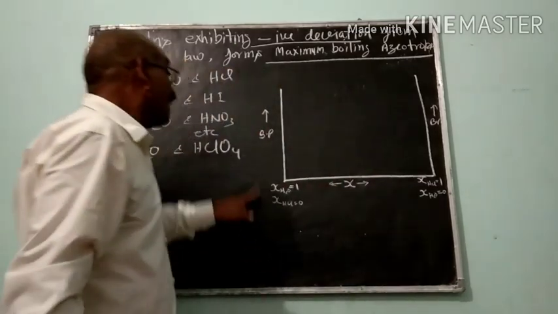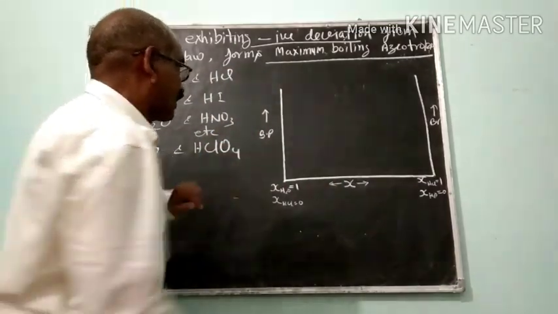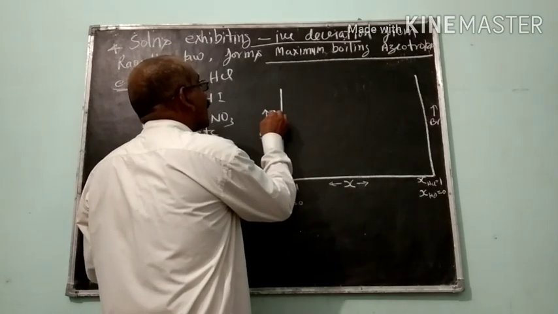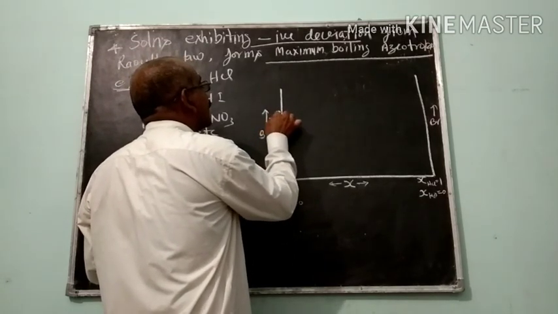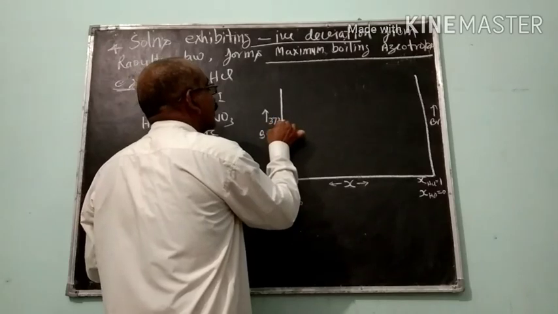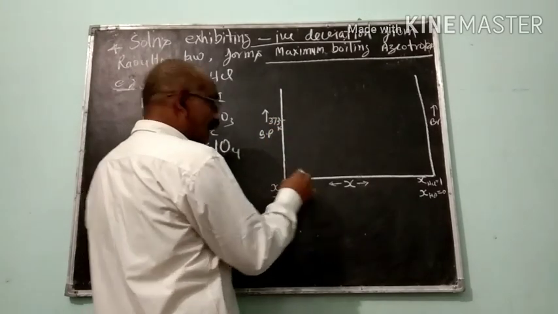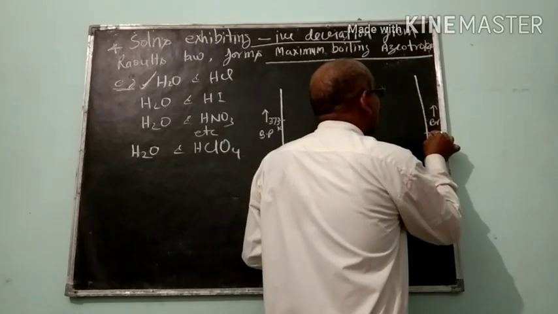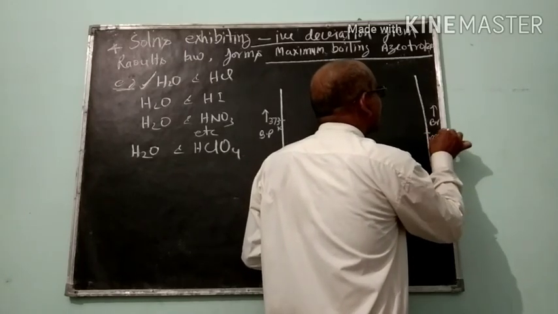ठीक है? The boiling point of water, it is well known. It is how much? 373 Kelvin. While boiling point of HCl is 188 Kelvin.